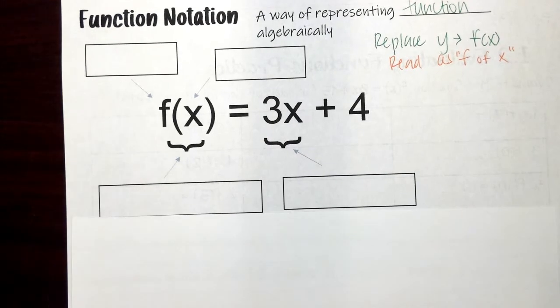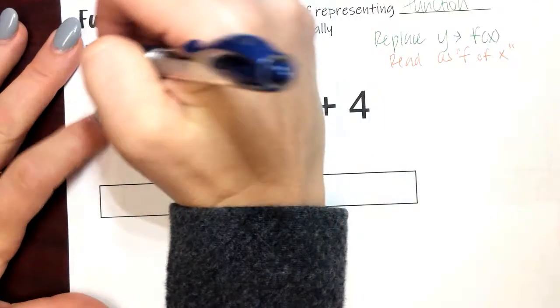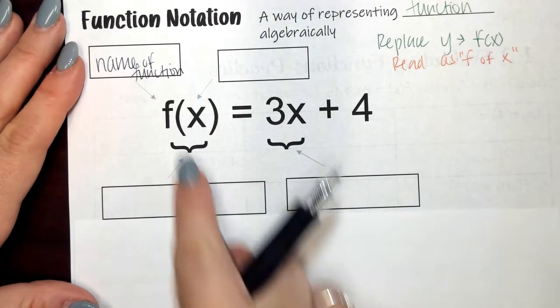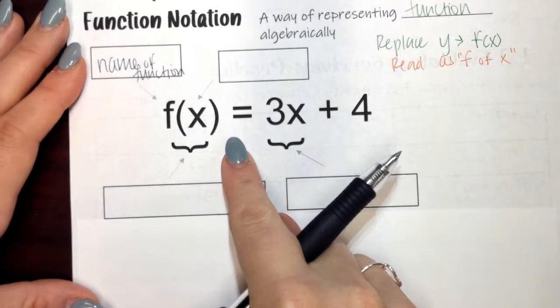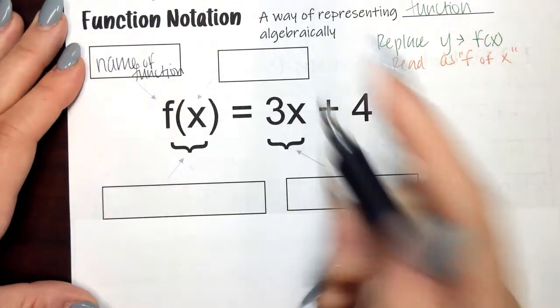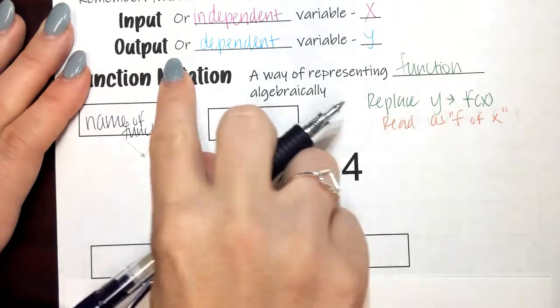So let's label these. Our f of x is the name of our function. This whole f of x is just like our y, and remember our y was our output.